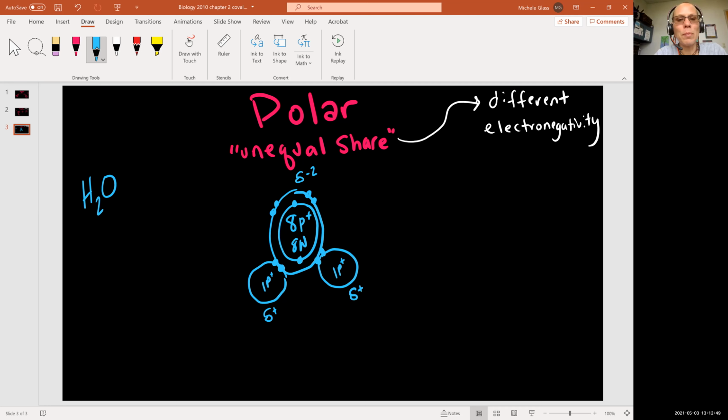And so it has a positive charge. So now we have a molecule that has a positive end and a negative end, right? So we have a difference across the molecule. And it's because the hydrogen is so much smaller compared to the oxygen, that the oxygen is really just pulling all of those electrons to surround its orbit.